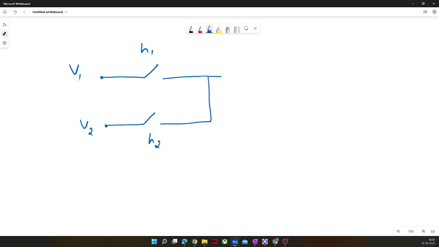This is working with H2 switching function. And there is some inductive load with continuous current, and this is the node where we will find the value of output voltage.